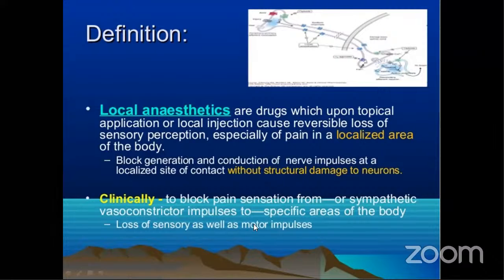Clinically, they block pain sensation or sympathetic vasoconstrictor impulse to a specific area of the body. So in a particular area you will not feel any pain, and there will be loss of sensation as well as motor impulse. These are the impulses through the nervous system.